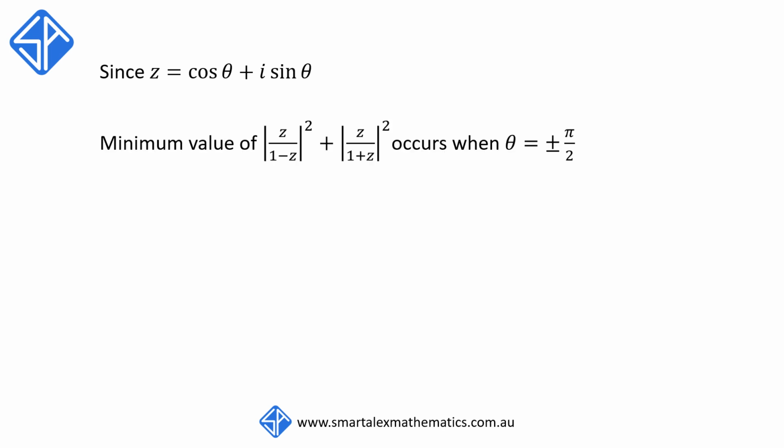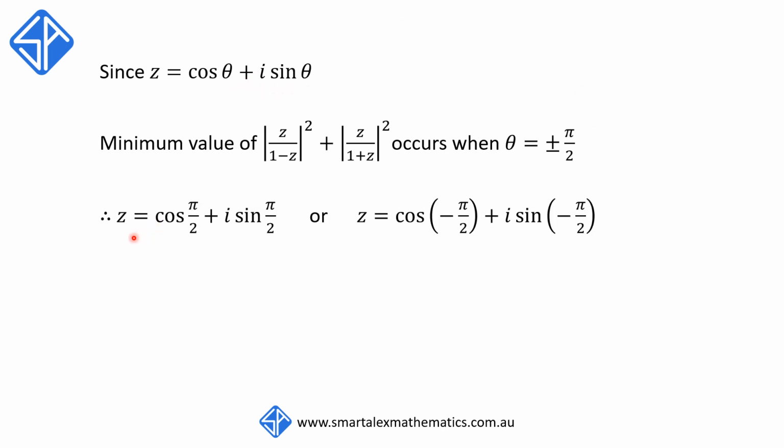So going back to our original definition where we define z to be equal to cos theta plus i sine theta, the minimum value of this expression occurs when theta is equal to plus or minus pi on 2. So we're going to substitute this value into here. So this means that when we sub theta is equal to pi on 2, we're going to get z is equal to cos pi on 2 plus i sine pi on 2.